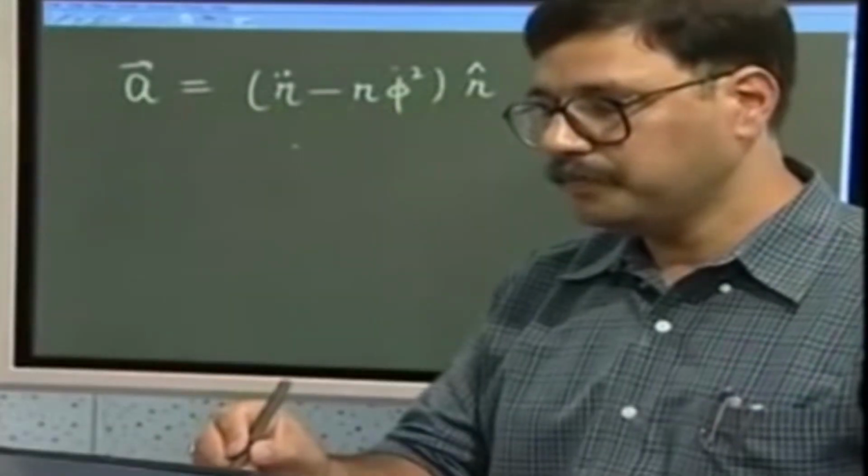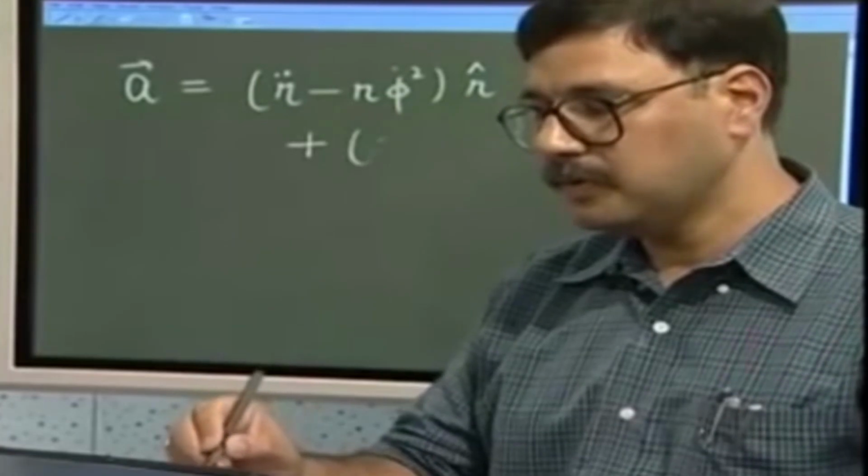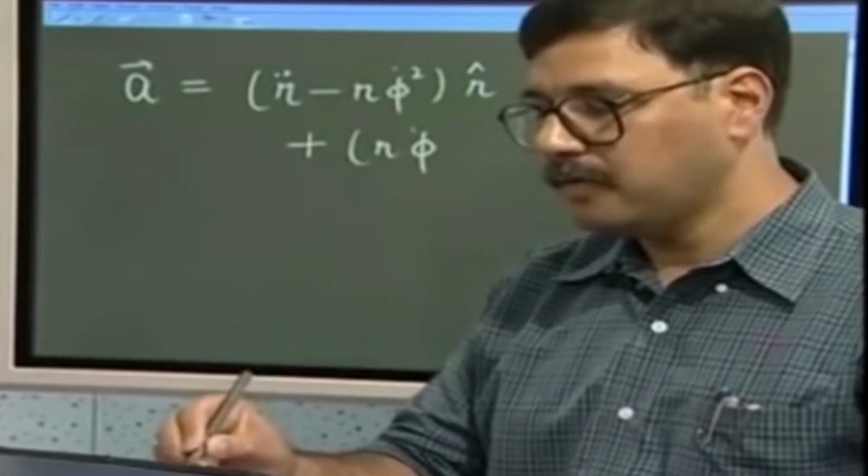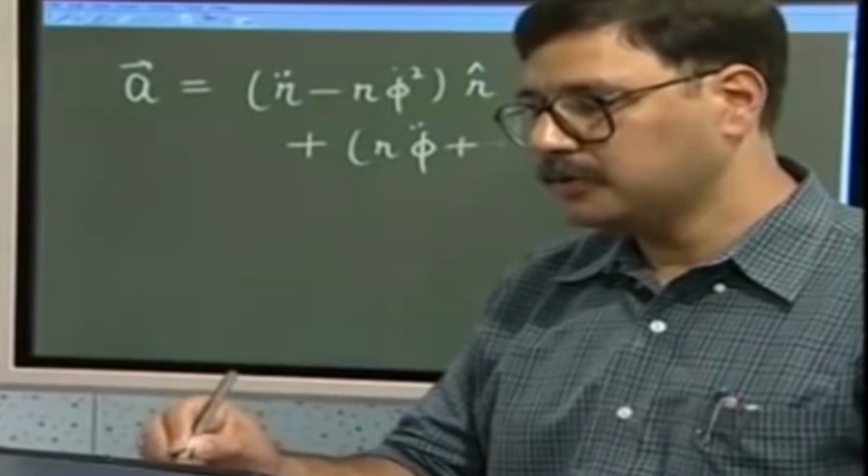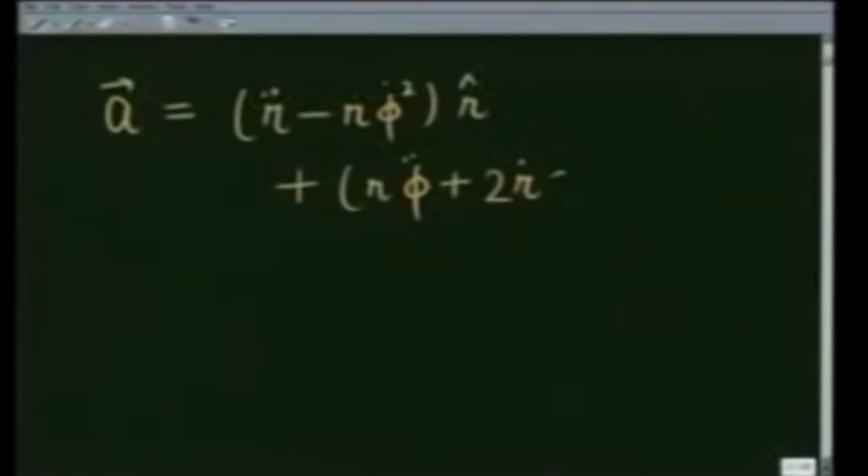If I write the acceleration of the particle in planar polar coordinates, it is going to be r double dot minus r phi dot square in the r direction plus r phi double dot plus 2 r dot phi dot in the phi direction.